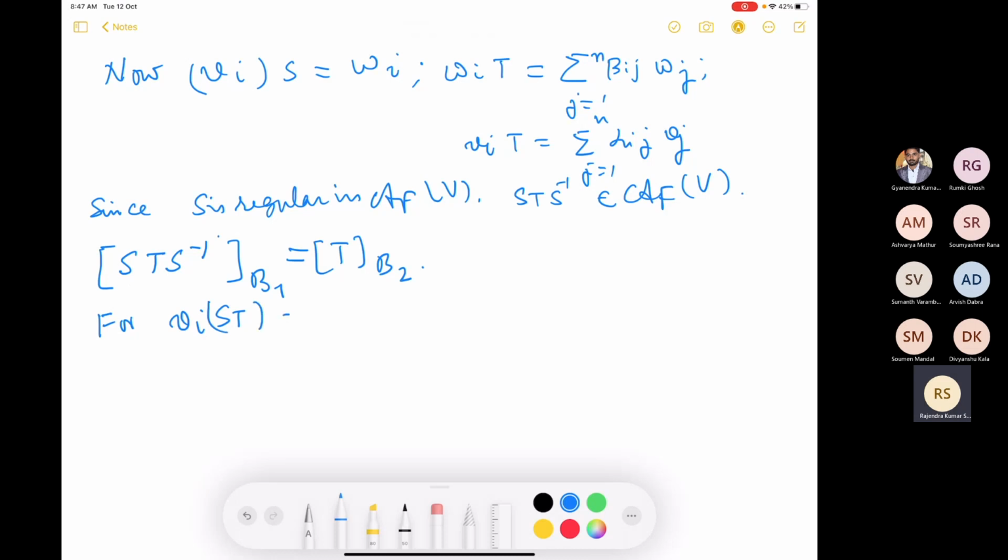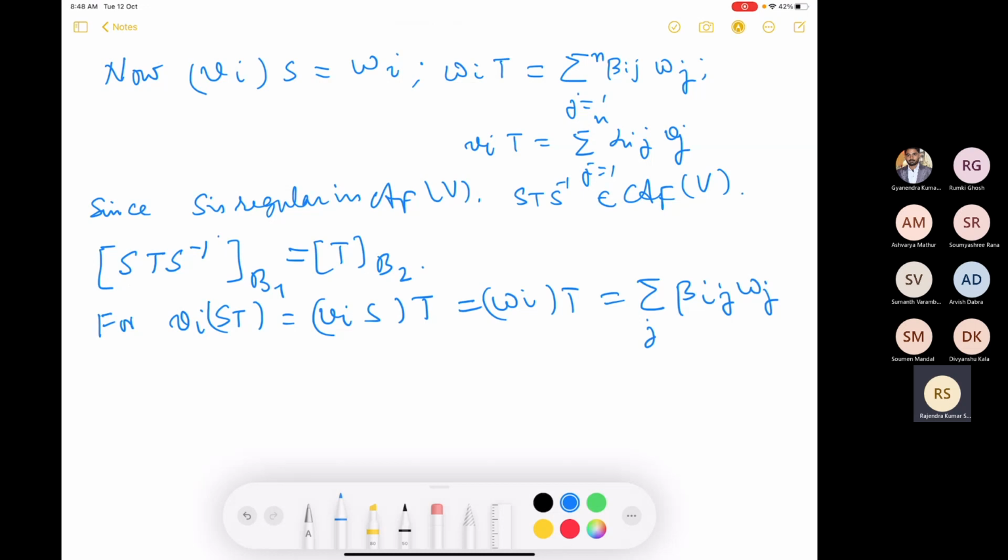V_i under ST is V_i under S and then T. V_i S is W_i. W_i under T is the sum of beta_ij W_j. Now, what do we have here?